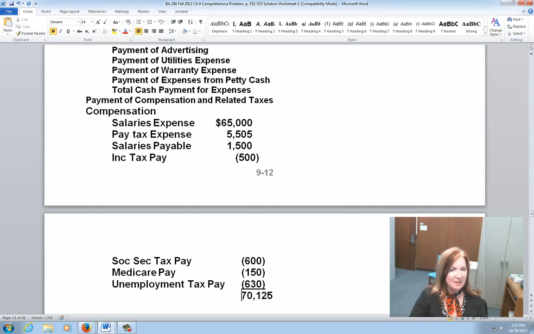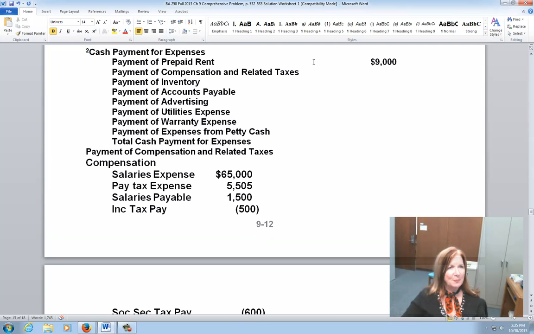So that's the number that I'm going to use back up here with these taxes. I'm going to type in $70,125 and pull that out enough.